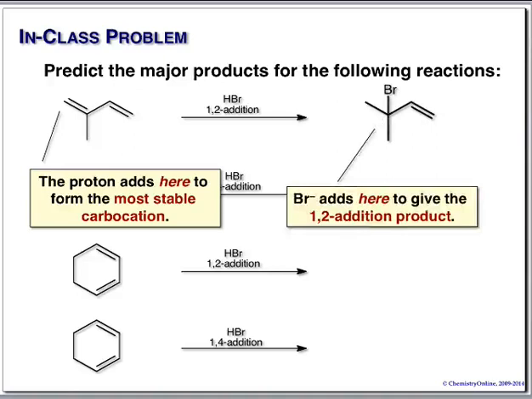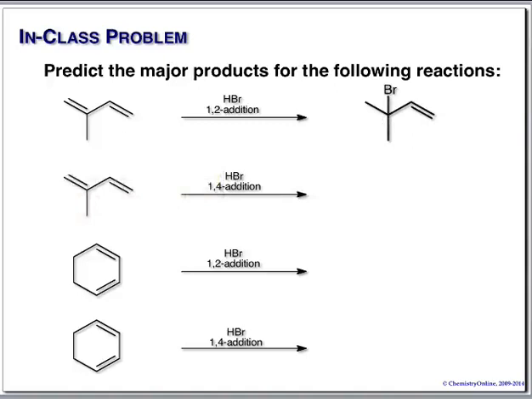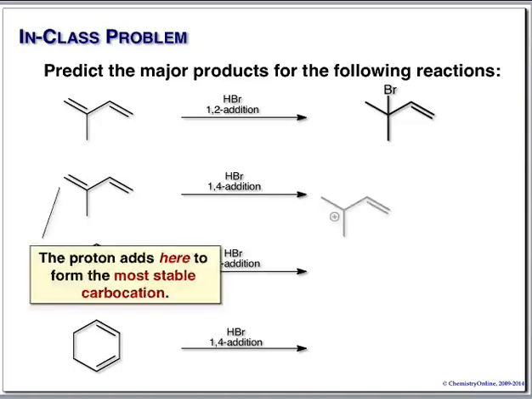Now think about the 1,4. Where is the proton going to add? Well, exactly the same, isn't it? We're going to form the same carbocation, just like we did. The only difference is this is resonance stabilized, isn't it?